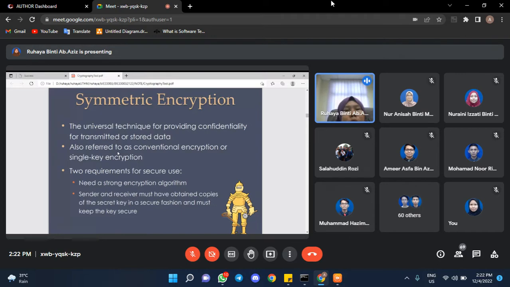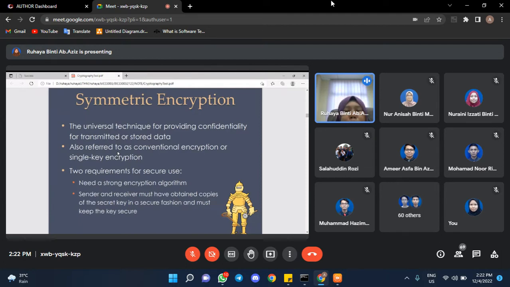Symmetric encryption is the universal technique for providing confidentiality for transmitted or stored data. It is the conventional encryption that uses one single key, and it requires a strong encryption algorithm.